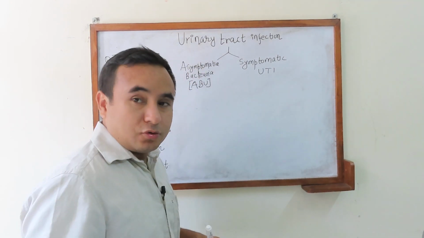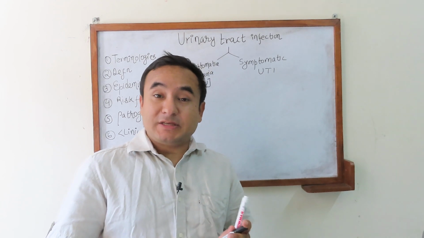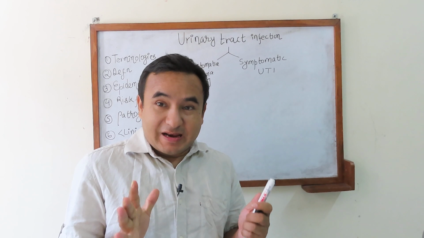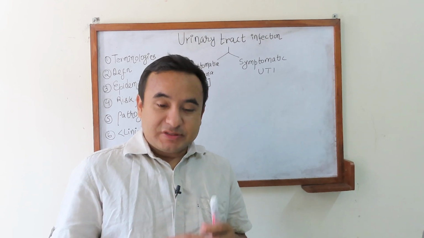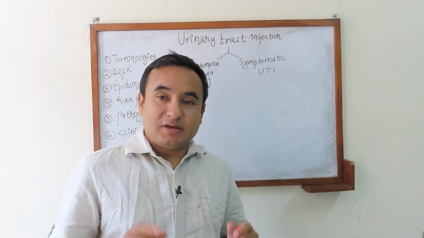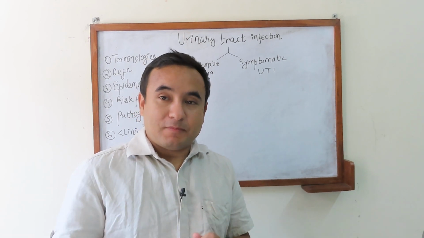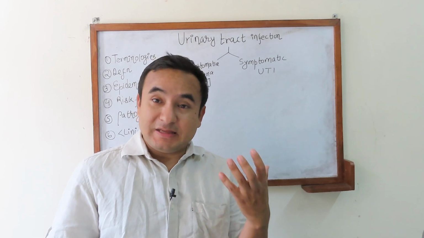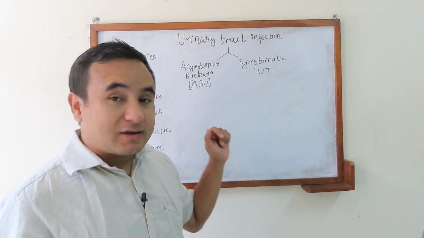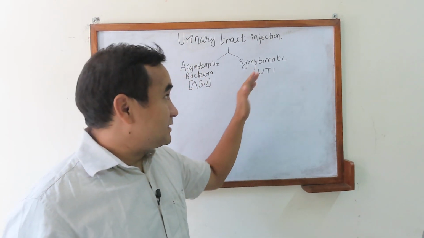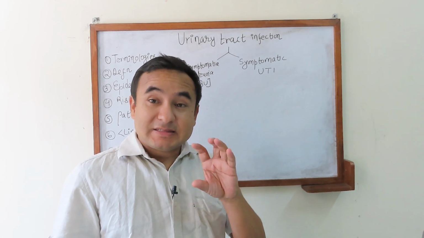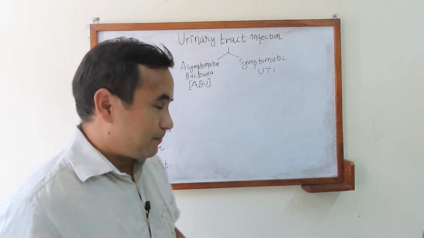Asymptomatic bacteriuria is a condition where in urinalysis we see WBCs, and even in culture there is a growth of organism, but the patient does not have any symptoms. Such a condition is called asymptomatic bacteriuria, whereas symptomatic UTI is UTI where there are symptoms of UTI.